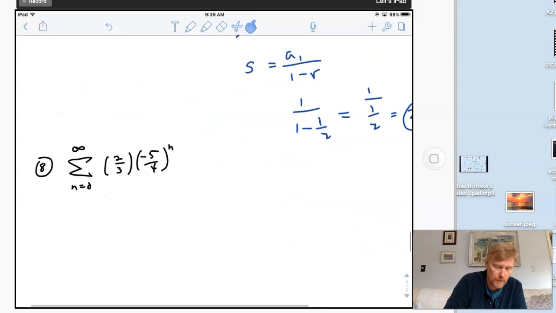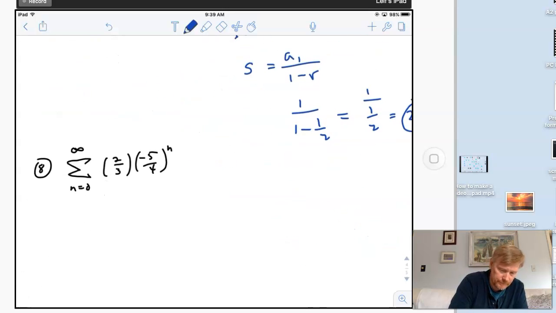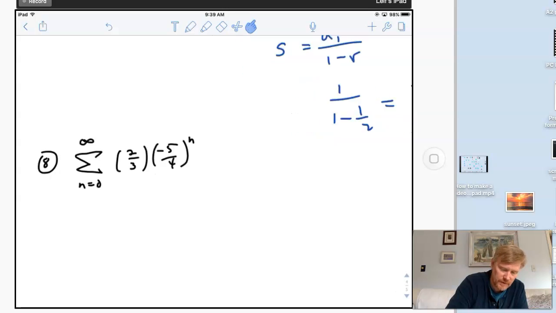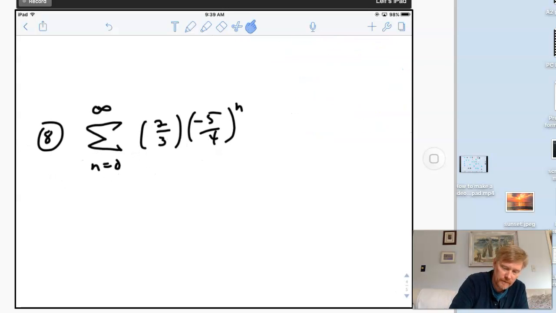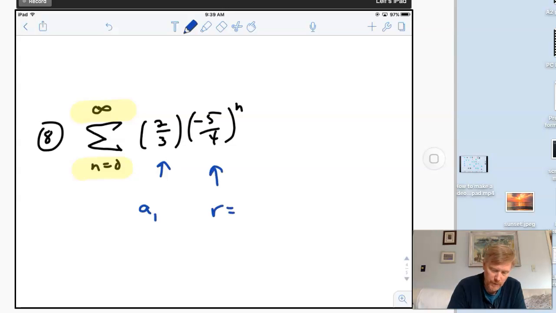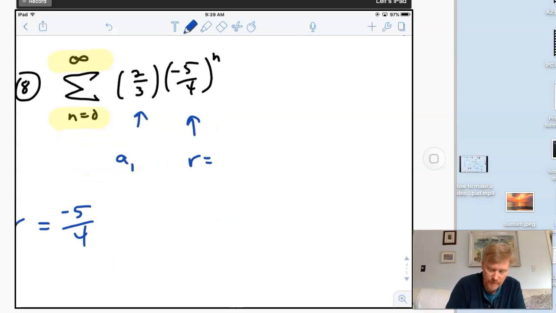Okay. Now this one, number 8, they gave it to me in sum notation. See, it goes from 0 to infinity. This is my first number in the sequence, and this is my common ratio. So -5 over 4 is my common ratio, and I want to know if I take the absolute value of -5 over 4, what do you get?